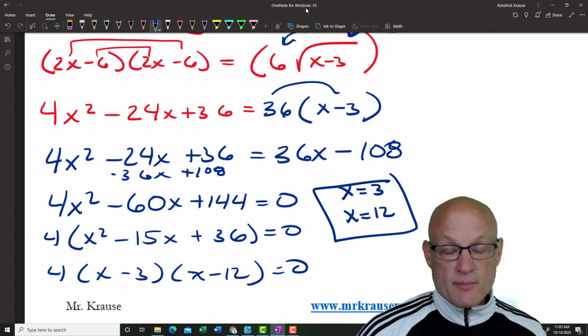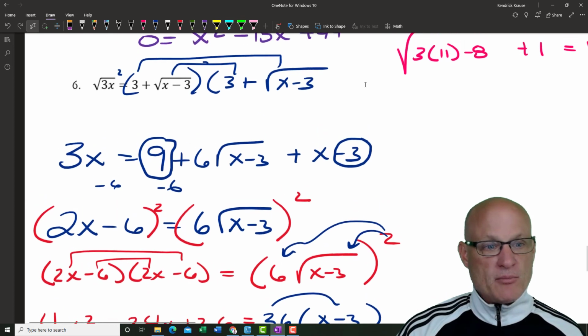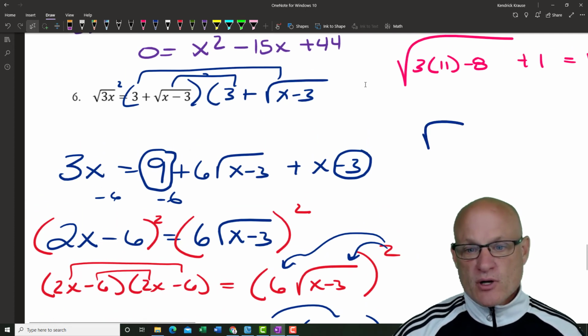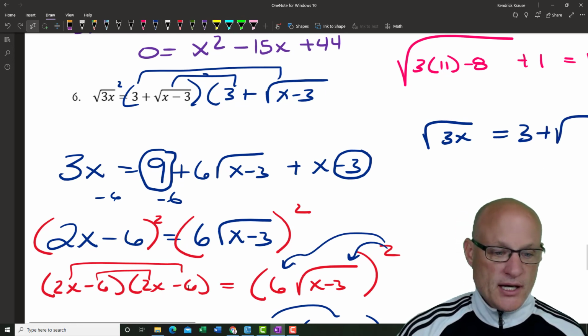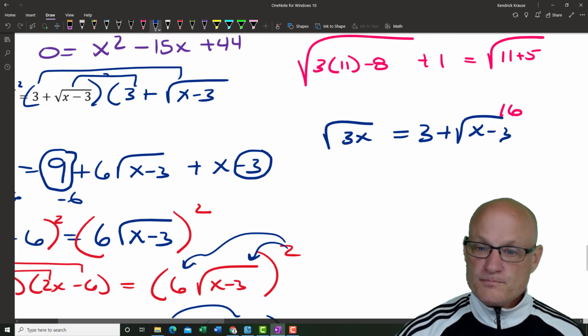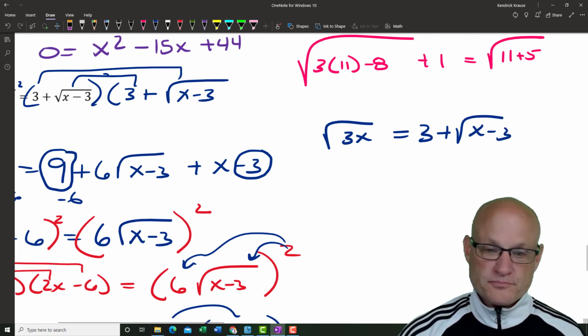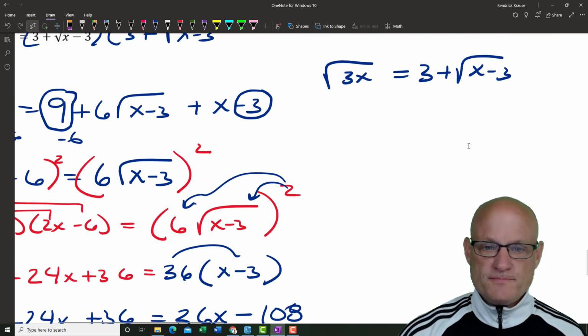I don't know if one, both, or none of them work, and you have to check that. So we're going to write that problem over here: the square root of 3x, does that equal 3 plus the square root of x minus 3? So we've got 3 and 12.